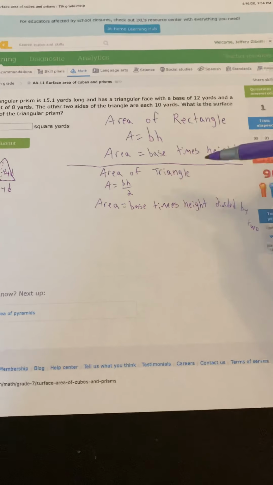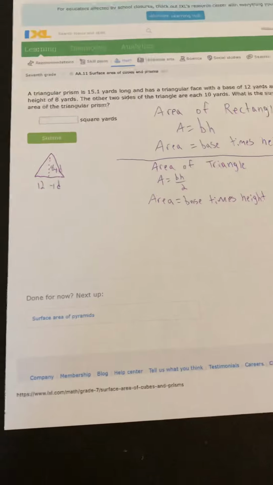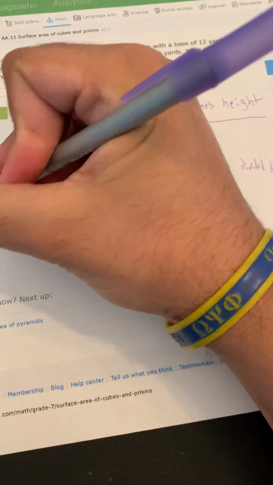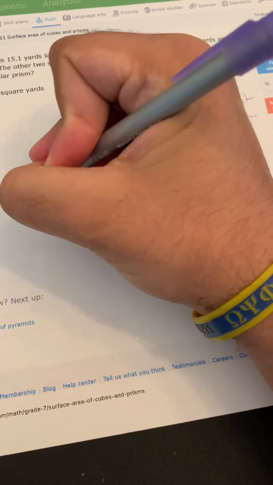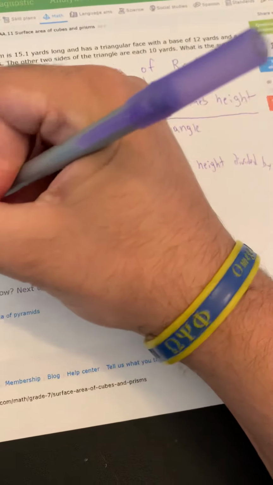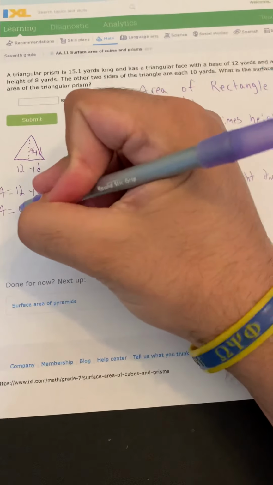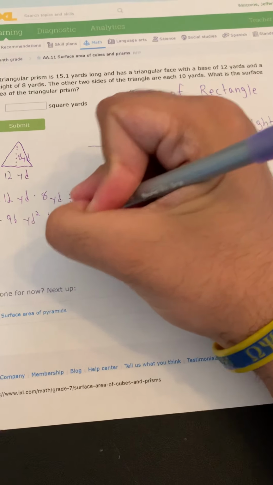So we're going to do the area of a triangle formula. That's base times height divided by 2. So we got A equals 12 yards times 8 yards divided by 2. So A equals, you should know 12 times 8 is 96, and yards times yards is yards squared, divided by 2.